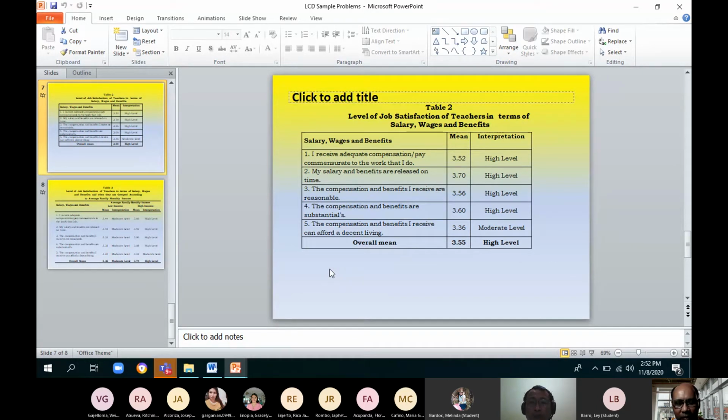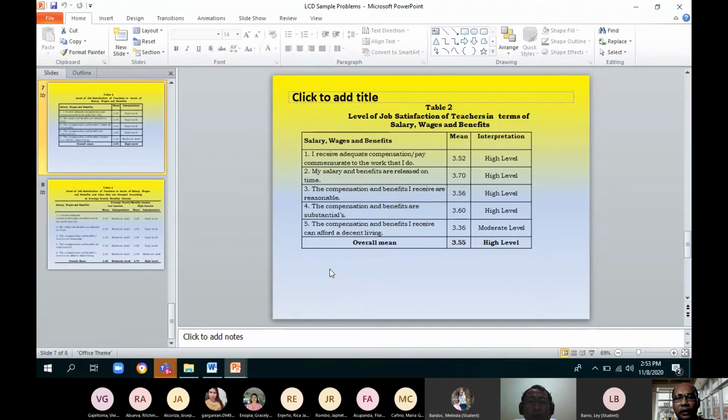Or, as revealed in table 2. Now, pwede. The highest mean score was 3.70, which states with the item, my salary and benefits are released on time. Okay, i-mention nyo yon.